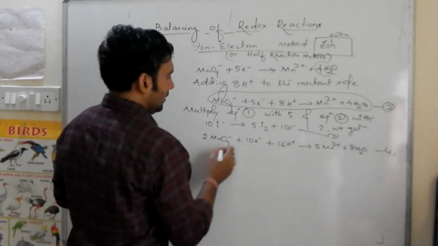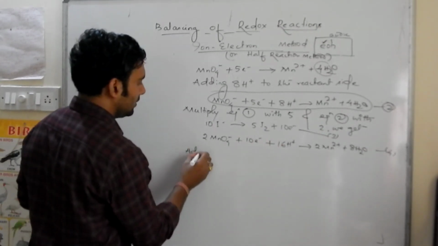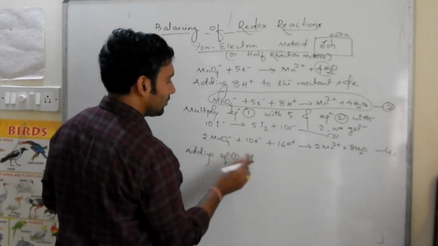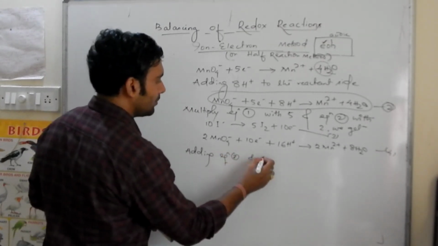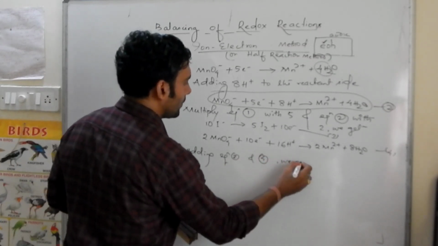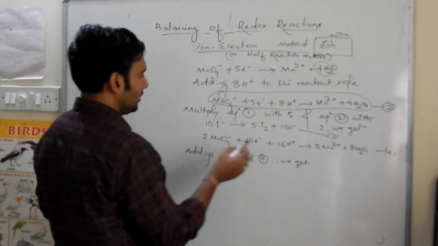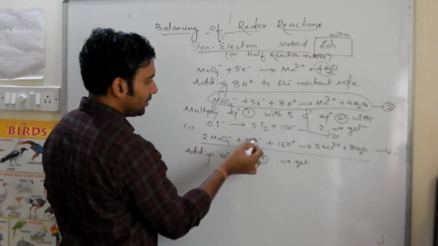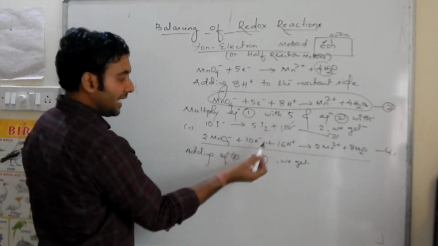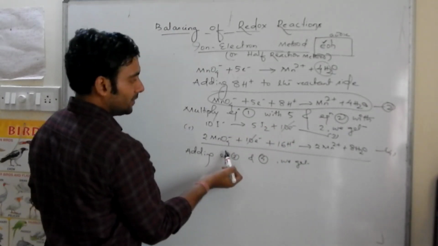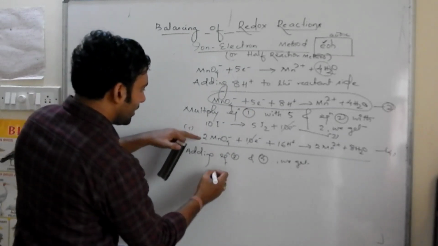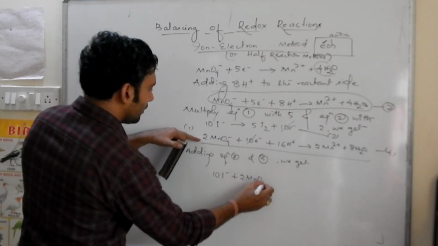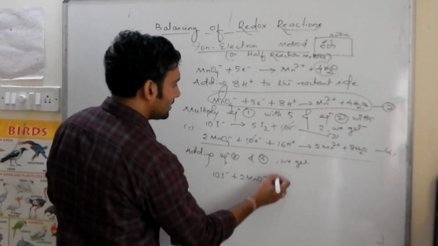Now adding equation 3 and equation 4, the 10 electrons which are lost are accepted by the permanganate ion. So now combine these two equations. We get 10I- plus 2MnO4- plus 16H+.